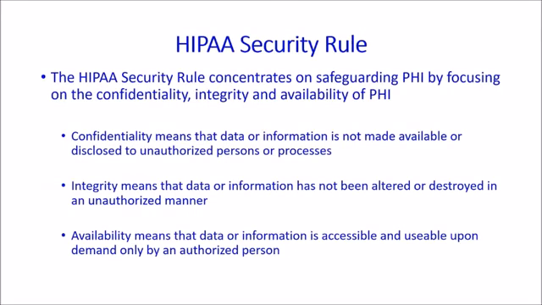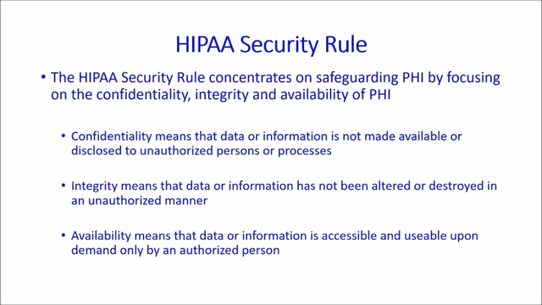The purpose of the HIPAA security rule is to define how we may keep electronic PHI or ePHI safe. When maintaining the safety of ePHI, remember the three key principles of confidentiality, integrity, and availability. Confidentiality means that PHI will not be disclosed to people unauthorized to receive or view that PHI.